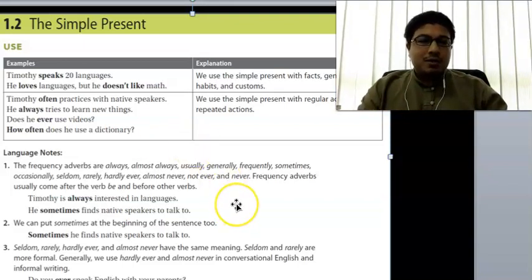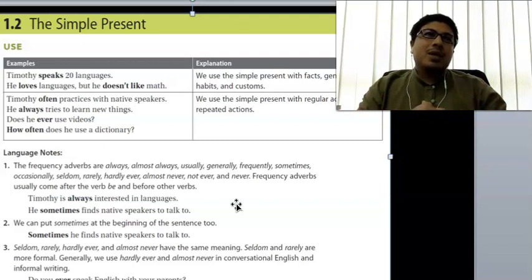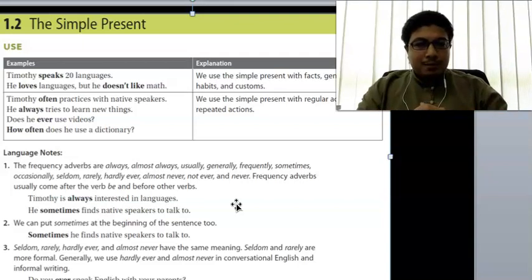These are the words that normally you have when you use simple present tense. So sometimes I go to school. You don't say sometimes I went to school. I generally add sugar in my drinks. So you don't say I generally added sugar. You say I generally add sugar.